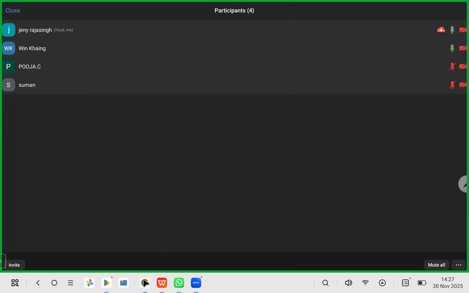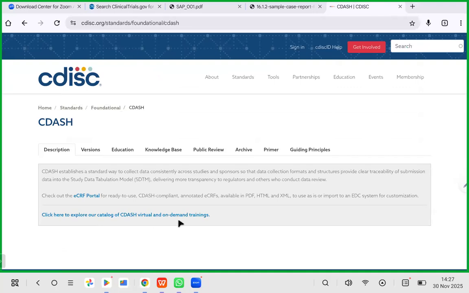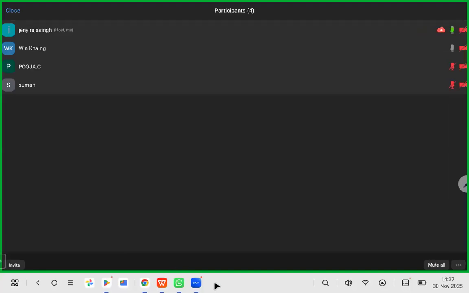How does this CDISC standard connect with SAS? When SAS programmers work on raw data, the CDISC standards will have guidance for each domain. For demographic, they will tell five variables to be used, and the character limit has to be five, six, seven.